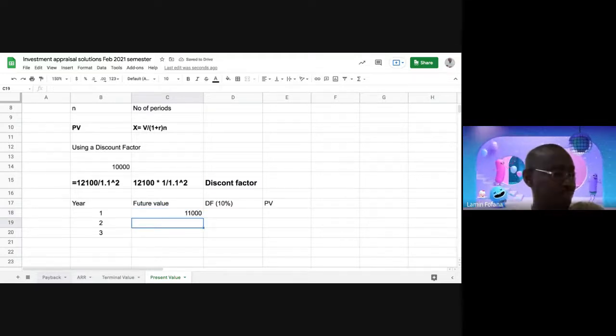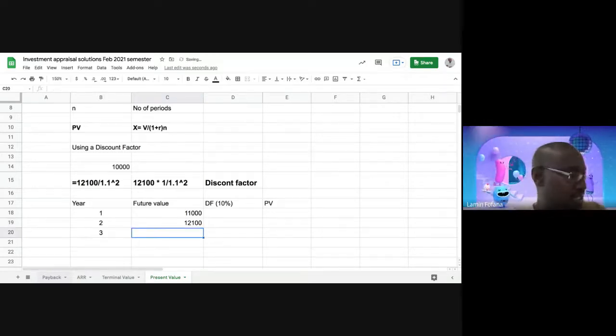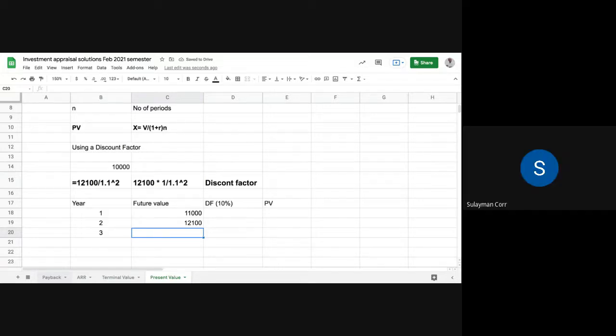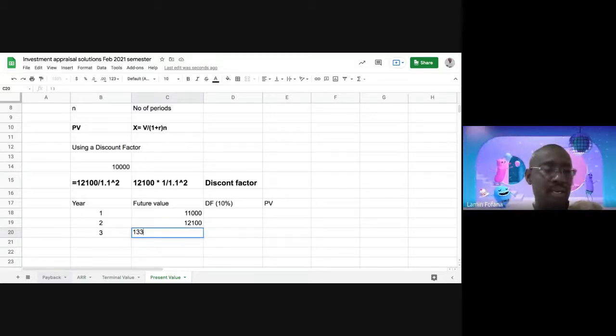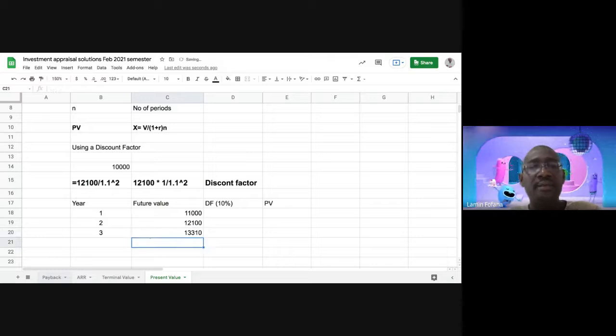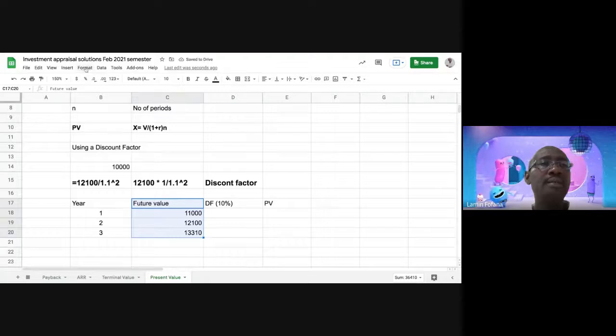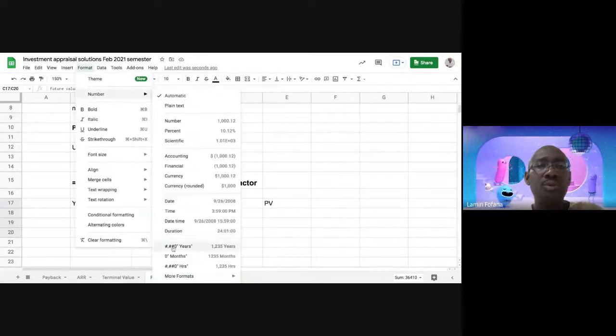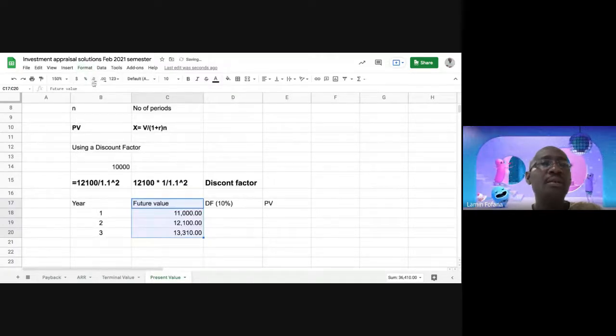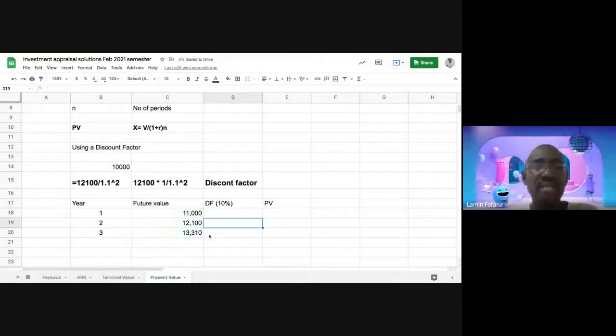Year 2? 12,100. 12,100. Year 3? 13,310. 13,310. Okay, so we're going to number format it. We're going to use the financial, but at no DP. Okay, so that's the future value.